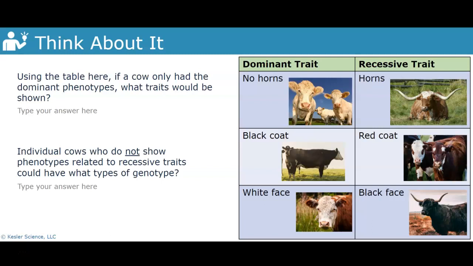And individual cows who do not show phenotypes related to the recessive traits could have what type of genotype? That seems like a confusing question. Let me explain that. Cows that don't have recessive traits that show, they could have what kind of genotype? Could they have dominant alleles? Could they have recessive alleles? Could they have both? That's what that question's asking.